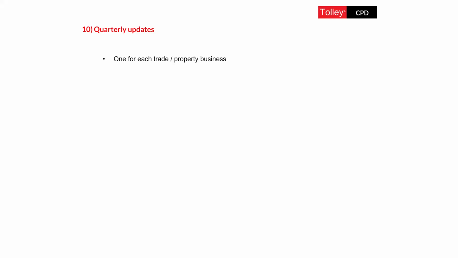So the quarterly updates are prepared one for each trade or property business. What you'll have to decide practically is whether you actually go for separate software licenses, which is going to be very expensive, or quite how you're going to do this. The information that you have to supply will be specified in an update notice. Remember, it's that update notice that determines the headings in your records, because it is the quarterly update that drives the information you keep.